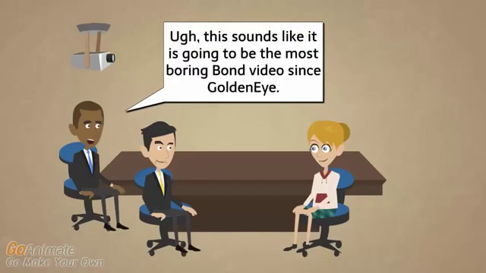Ugh, this sounds like it is going to be the most boring bond video since GoldenEye. I actually thought A View to a Kill was much worse than GoldenEye, although the cool Duran Duran theme song sort of redeemed it. In case you're wondering what we were talking about, these are James Bond movies. You can't teach Bond accounting without having James Bond jokes. Here's another one.